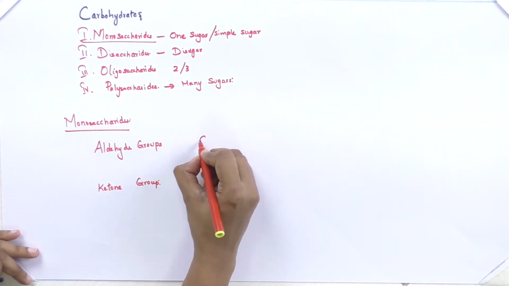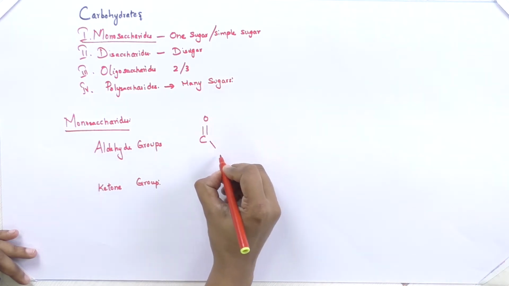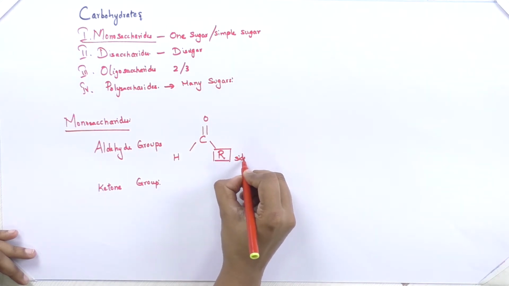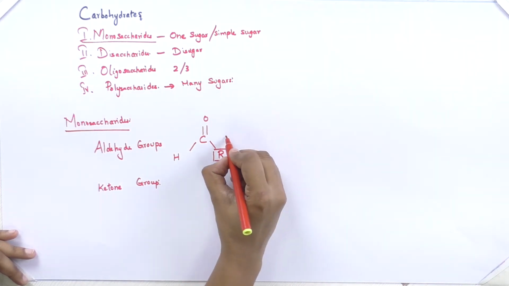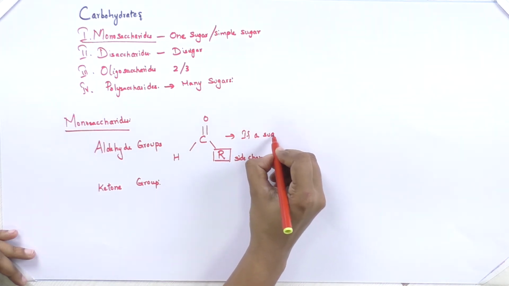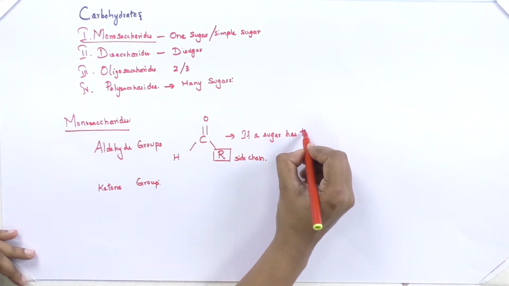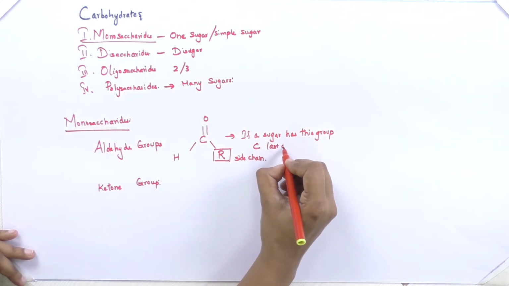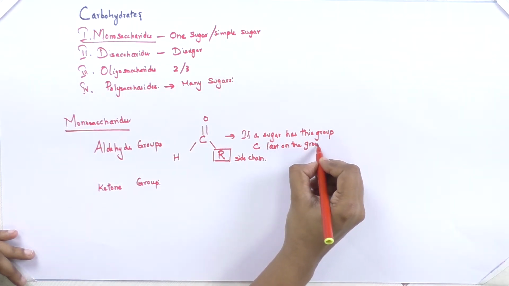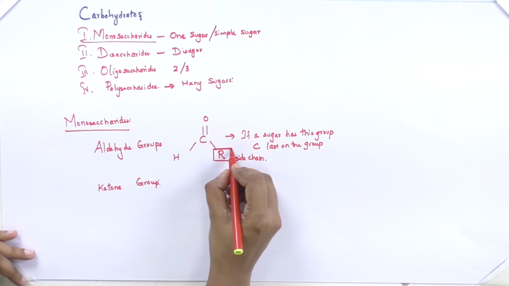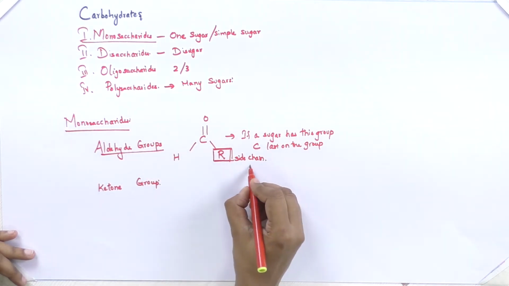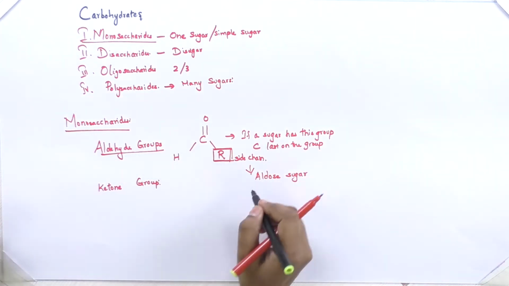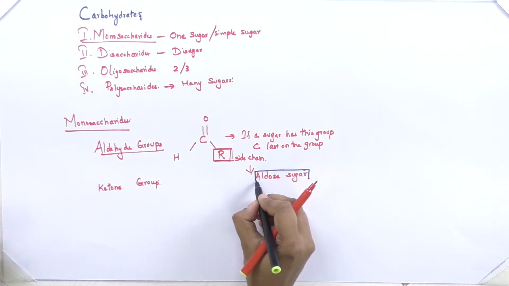If the carbon atom is the last one on the chain, with a single R side chain, and a monosaccharide has this group, it is termed an aldehyde group. This is termed an aldose sugar, which is the major example for monosaccharides.